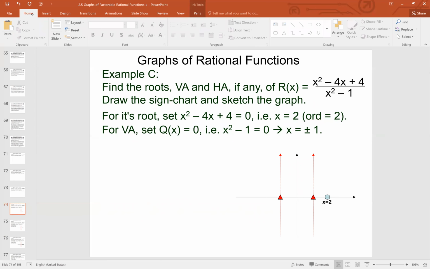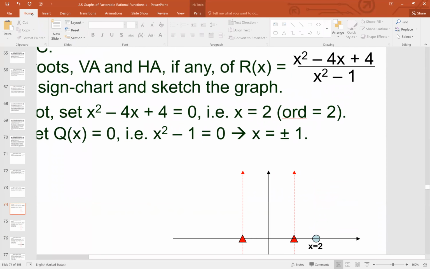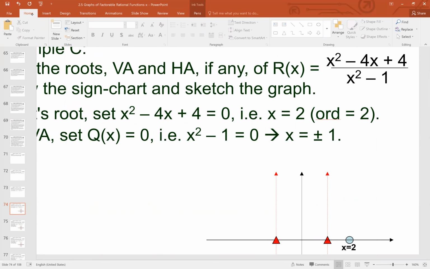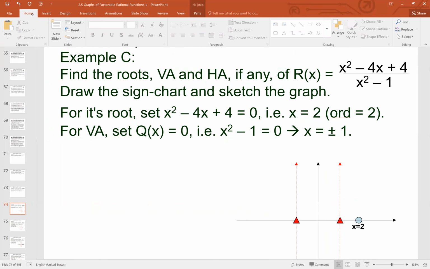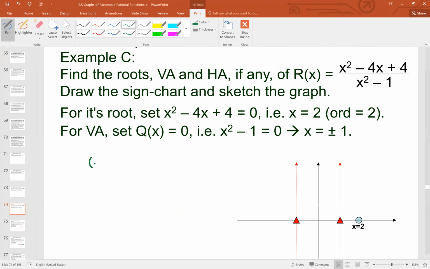If you remember this formula, and if you think of this as a polynomial, that is this formula. If I factor it, this factor is x squared, times (x minus 2) squared, and the bottom is (x plus 1)(x minus 1).